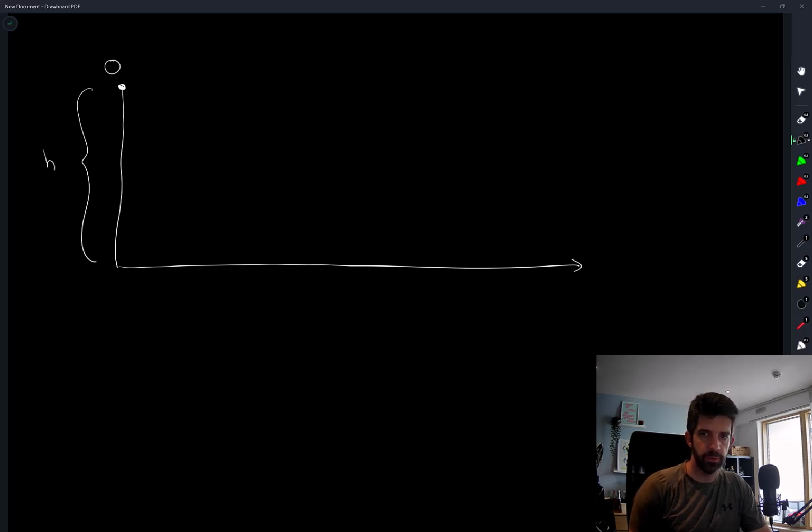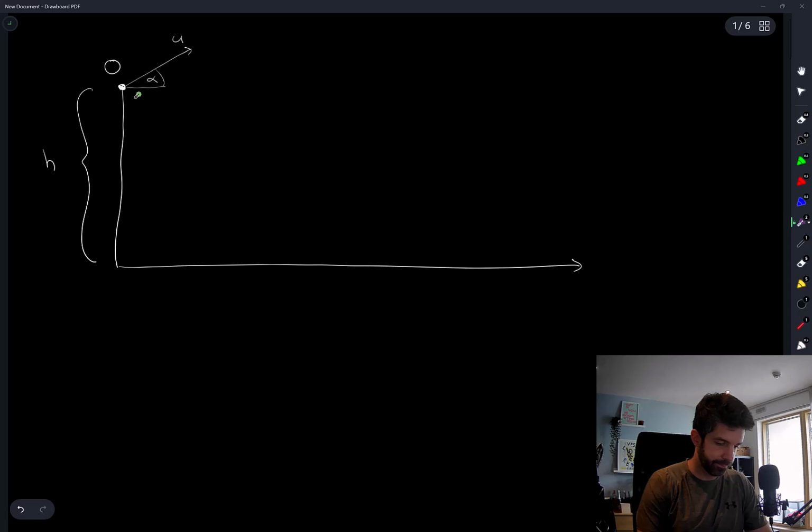So the projectile is fired from the point O at a fixed speed u and an angle of alpha. This is the setup we have there. And the projectile is obviously going to go something like that.